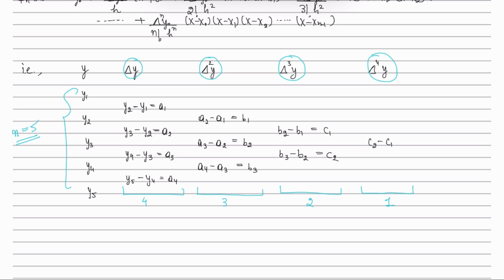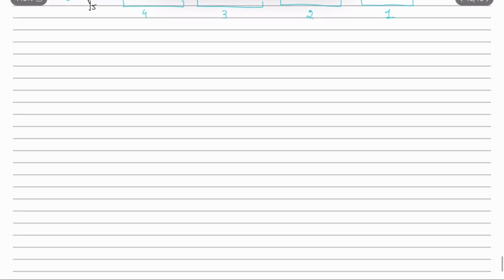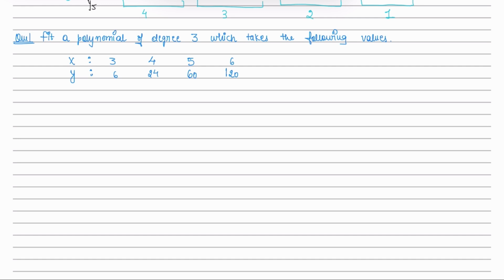For the reference, I am considering the same question I have discussed in the previous video, so that you will have an idea how the code is working, and the manual solution of that question has already been discussed. The question is to fit a polynomial of degree 3 which takes these values.